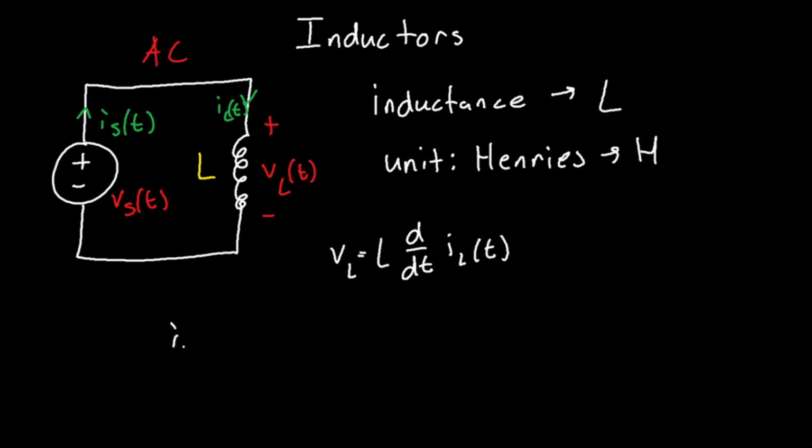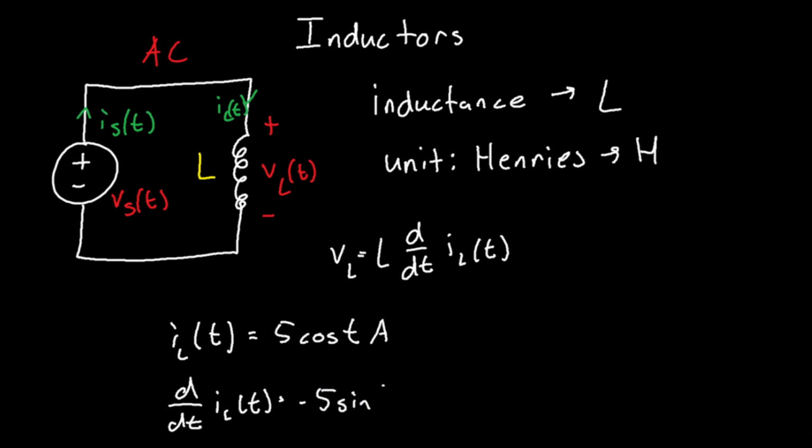So let's say I of L of t at this inductor was equal to 5 cosine of t amps. If you just simply take the derivative of this, d/dt of I of L would be equal to negative 5 sine of t, correct? This is the derivative of the formula above.